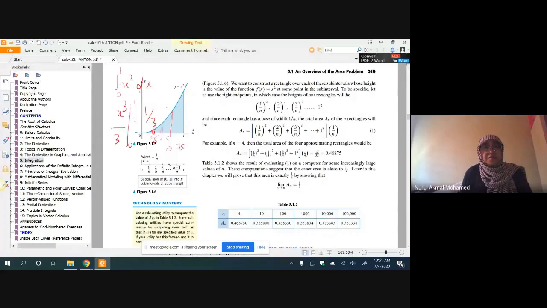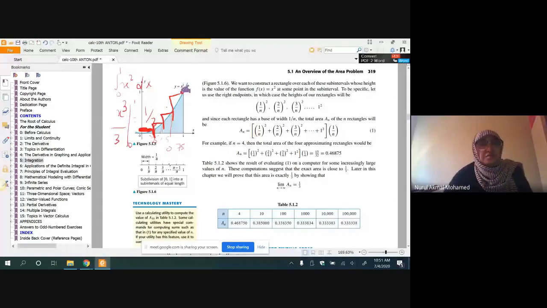Then we draw this so that it defines rectangles. This is actually a right hand side rectangle. Why do I say so? Because the height of the rectangles is found by taking the points on the right hand side.